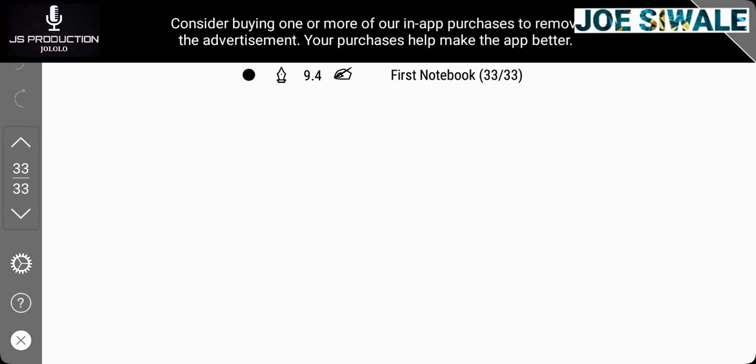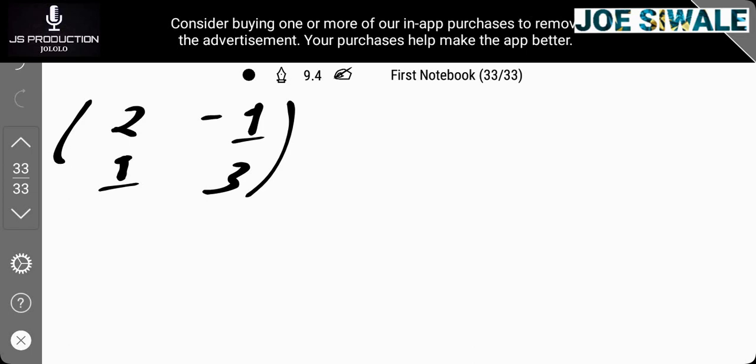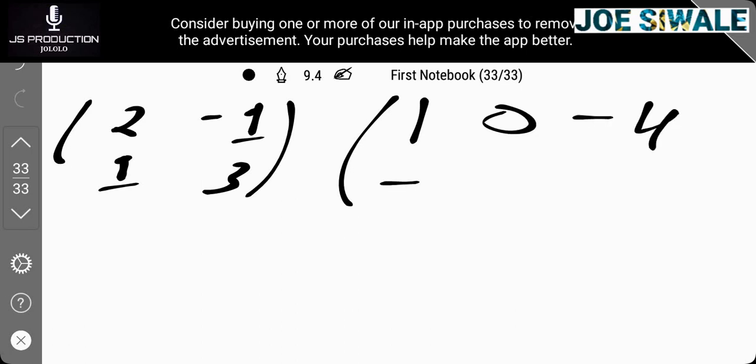So let's proceed. I know that matrix R is (2, -1; 1, 3). Then matrix S is (1, 0, -4; -2, 1, 1).